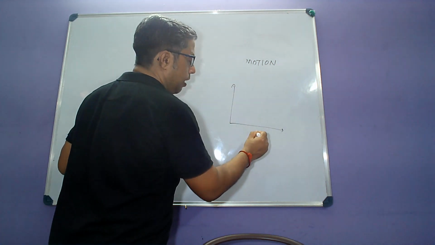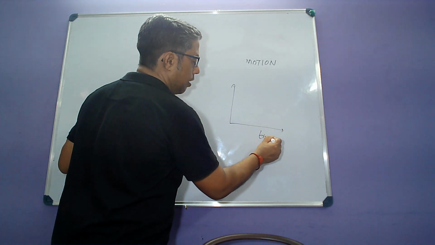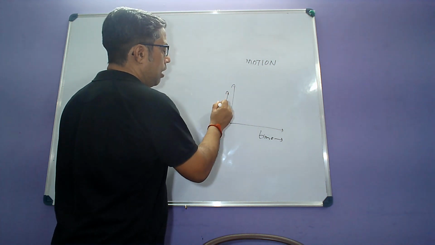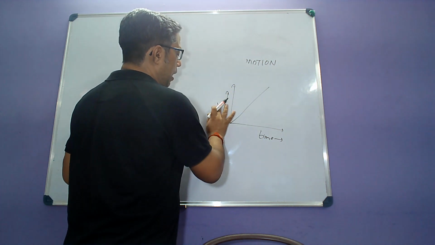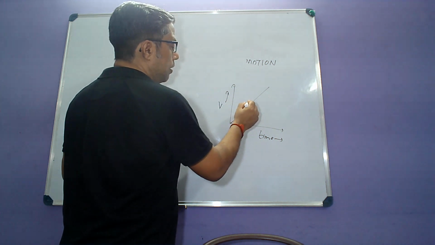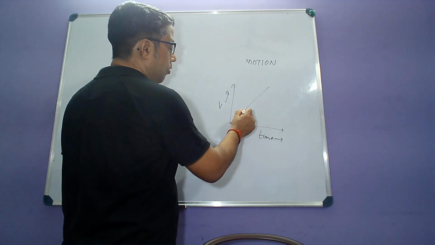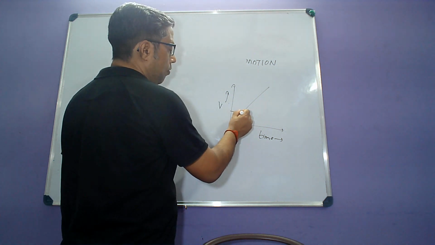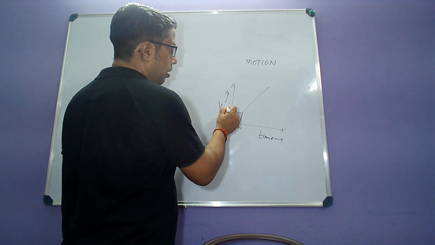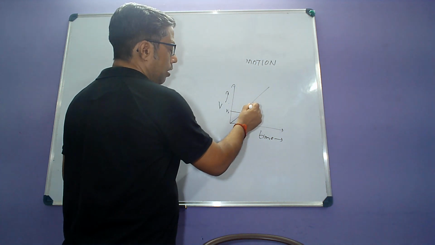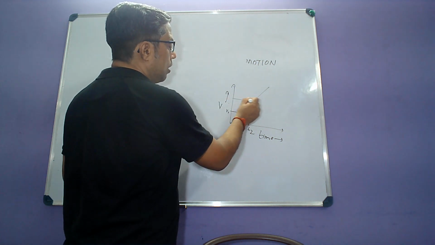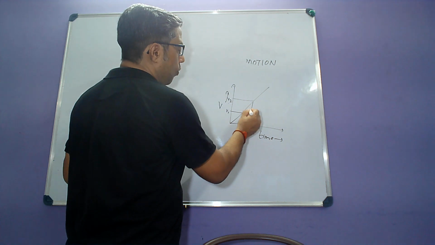What is happening here? This is time t and this is velocity. If this is a straight line, that means it represents acceleration. So in the velocity-time graph, at different times, this is t1, v1, then if this is t2, then this is v2. So what will be the slope here?